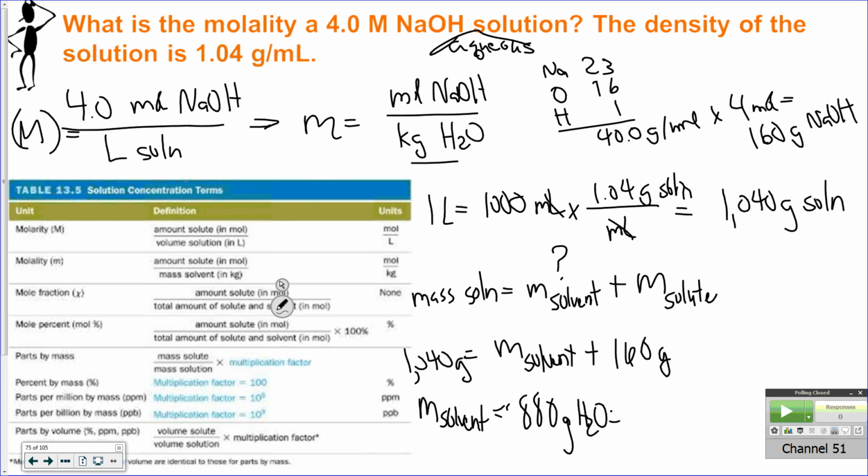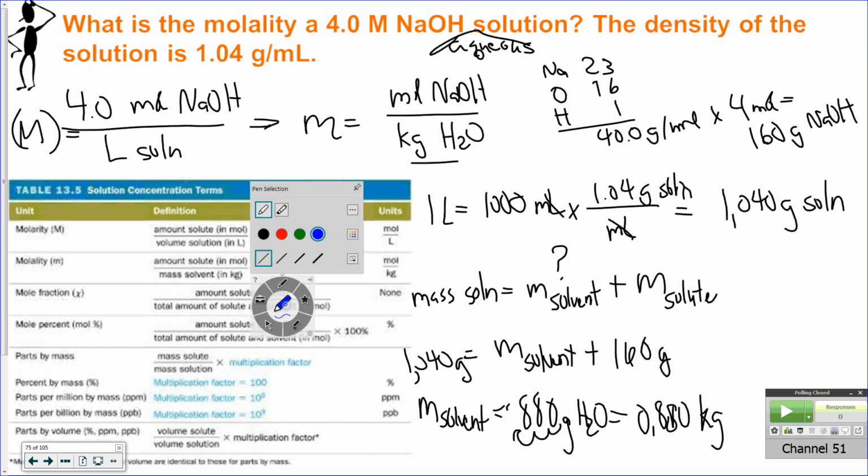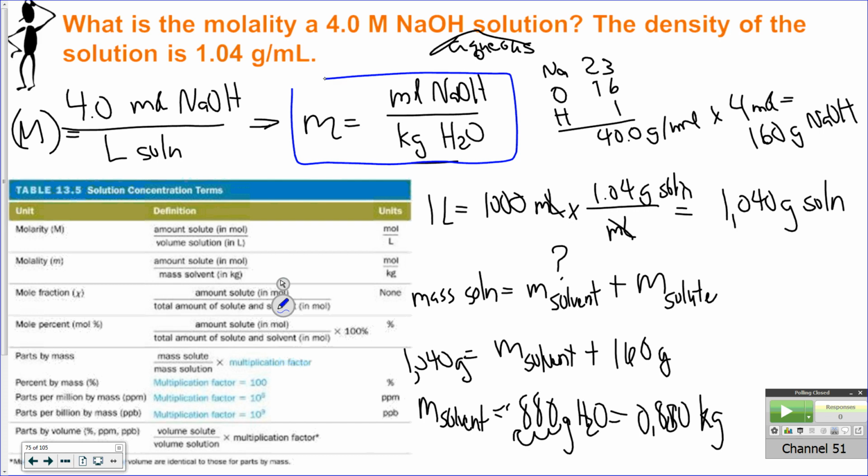And I need it to be in kilograms, so I'm going to move the decimal place to the left 3 times. 0.880 kilograms. So now going back into plugging into the problem, the molality is the 4 moles of the solute divided by the mass of the solvent, which is 0.880 kilograms.